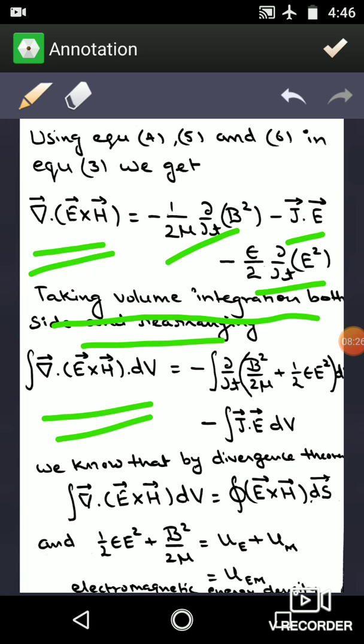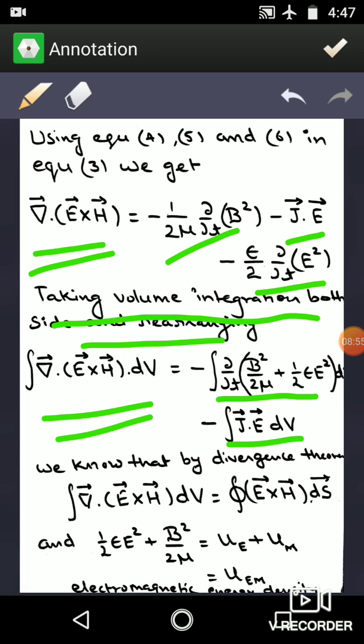Del upon del t is taken common, and we get B square upon 2 mu plus 1 by 2 epsilon E square in the bracket, multiplied by dV and integrated. Also we have the term which is the volume integration of J dot E.